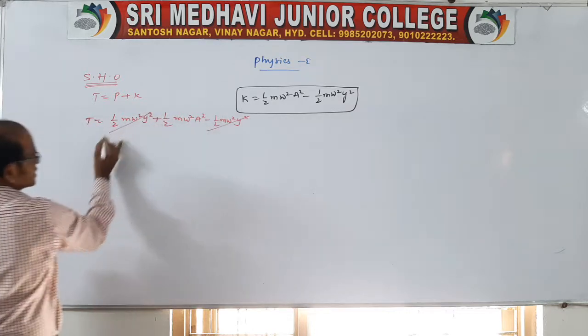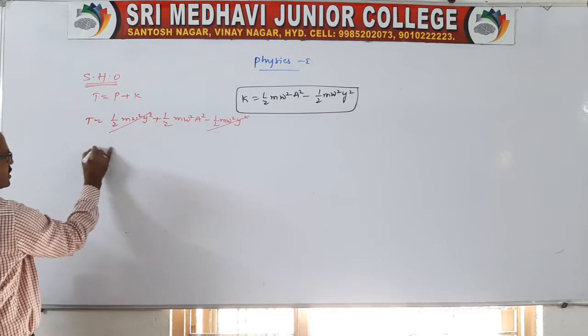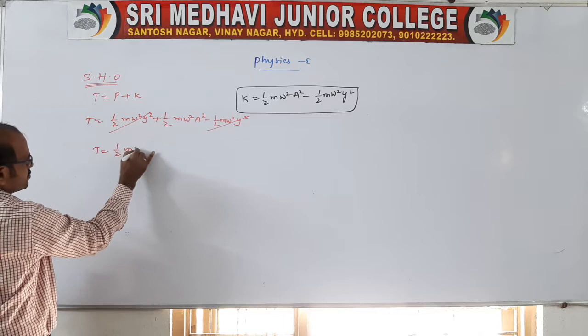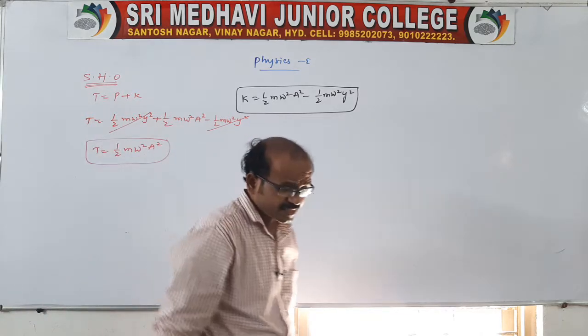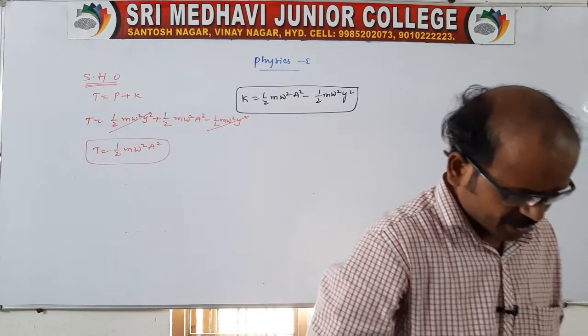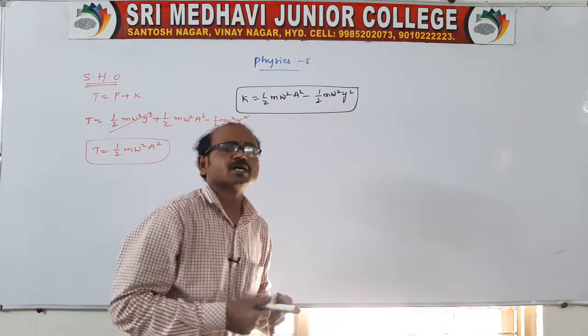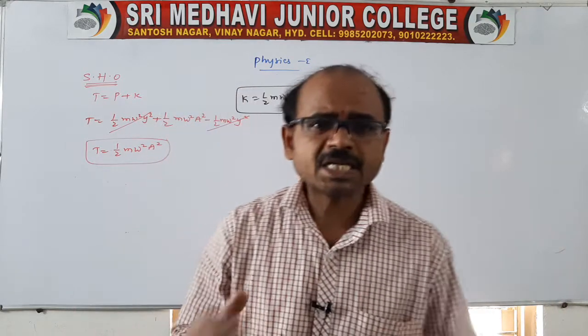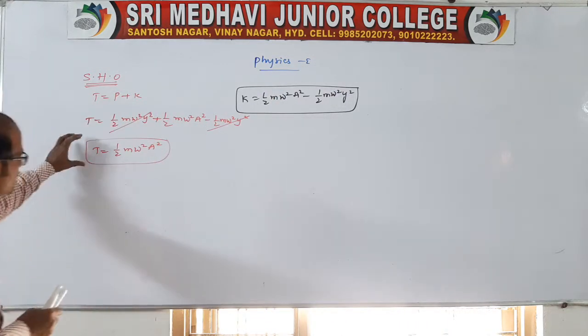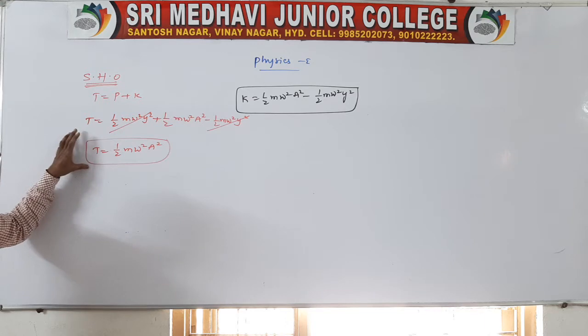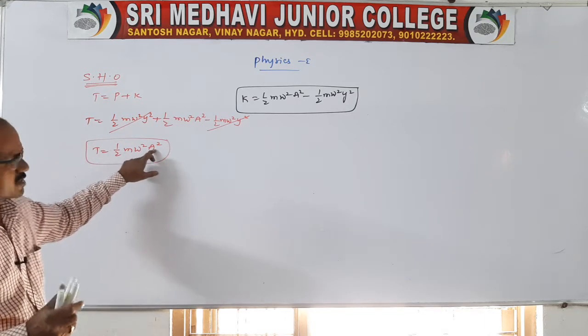So this is cancelled, because minus and plus cancel. This is the total energy, related to the simple harmonic oscillator. The total energy for the simple harmonic oscillator will be half m omega square a square.